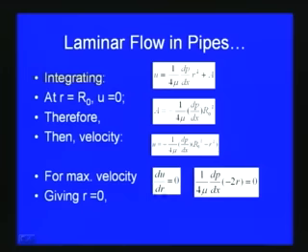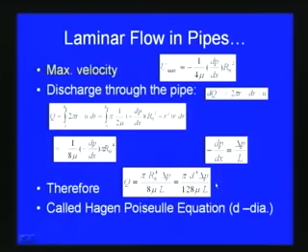For maximum velocity, we have seen that the equation is u max is equal to minus 1 by 4 mu dp by dx into r0 square, and then we have derived the equation for discharge.